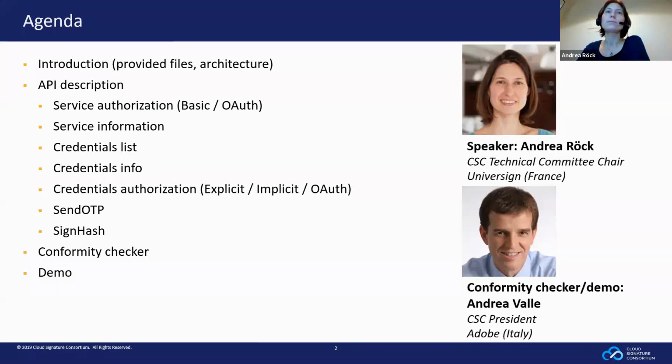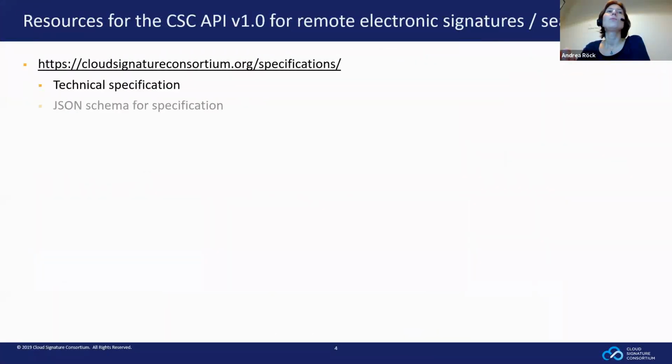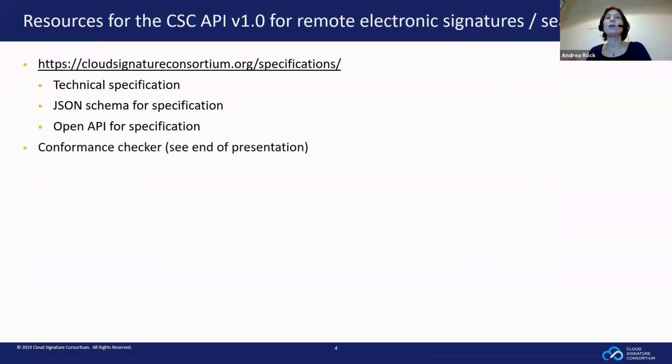So let's start. What is available for the specification? We now have a version 1.0 that is published on the homepage of the Cloud Signature Consortium at the link there. Normally you have to give in your name to get them, but still they are available.